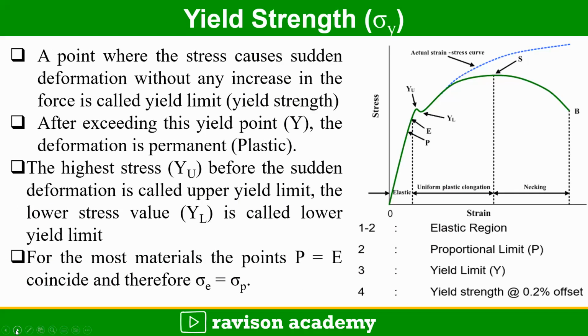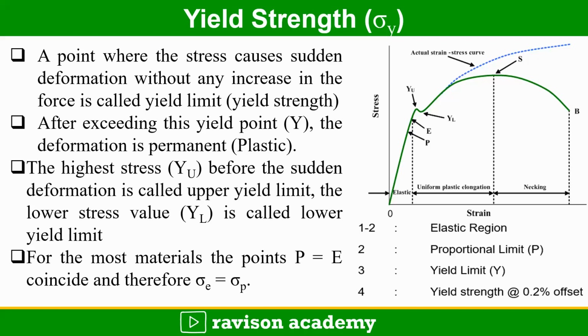So coming to the yield strength, after the elastic limit, even if the load is not increased, the material will yield to the upper yield point and then to the lower yield point. So it is the indication that up to the point of the yield, the material will be elastic.